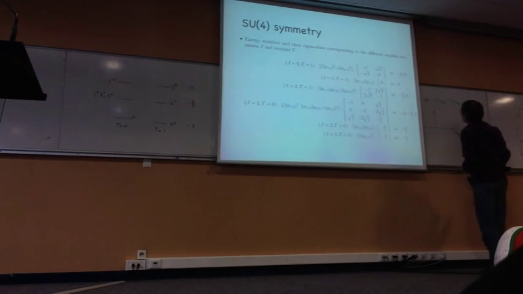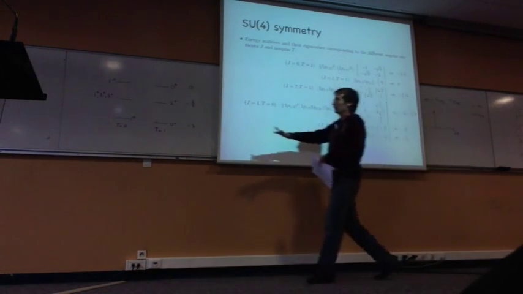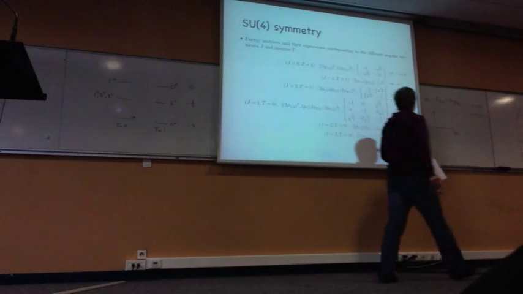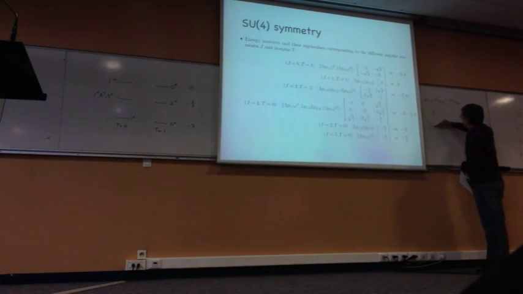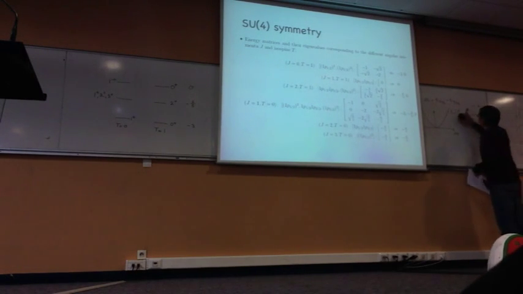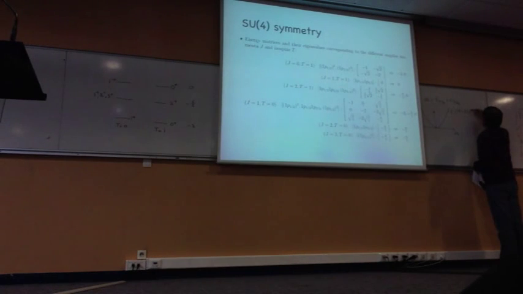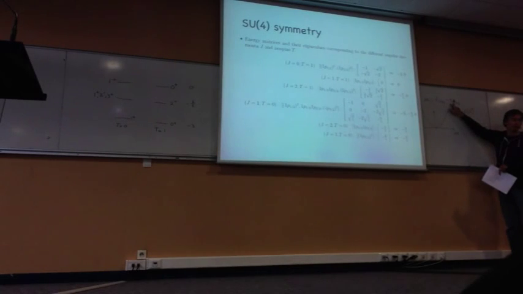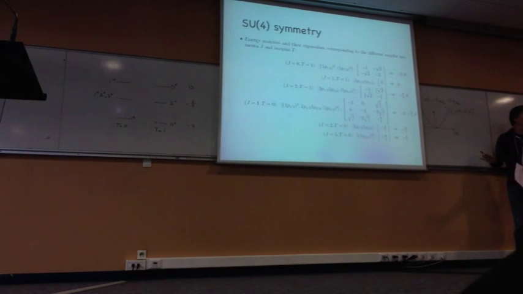You can look at the relative energies of the 0 plus versus the 1 plus. This is the energy of the 1 plus minus the energy of the 0 plus. So if you introduce a spin-orbit splitting, you find that the 1 plus is always above the 0 plus.